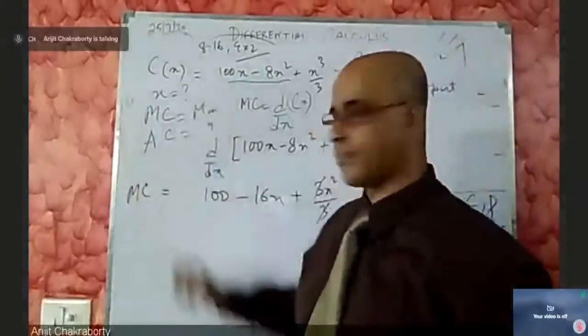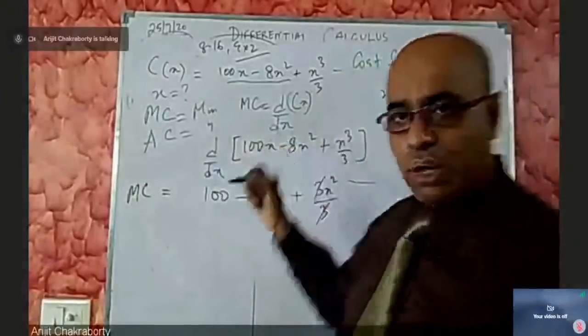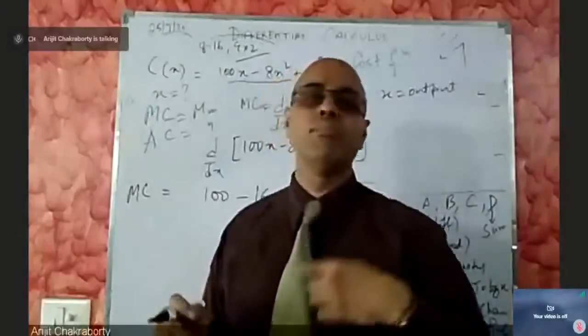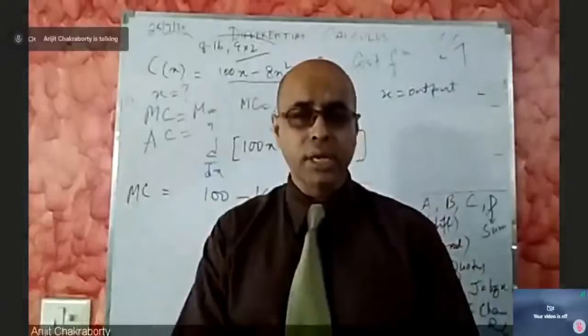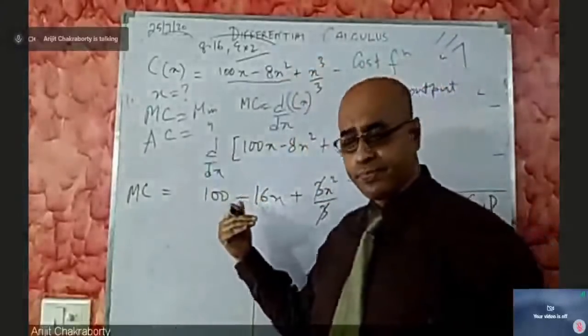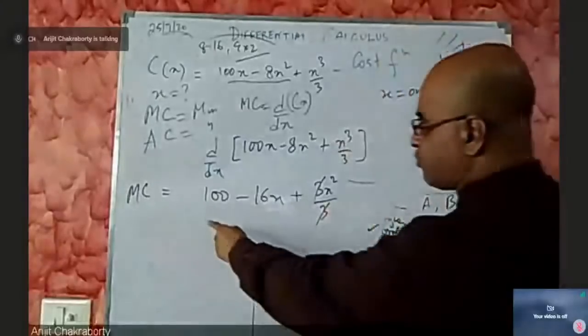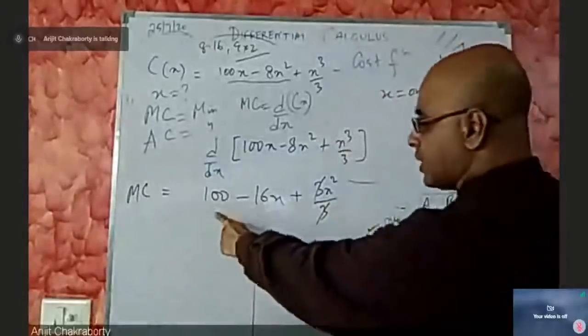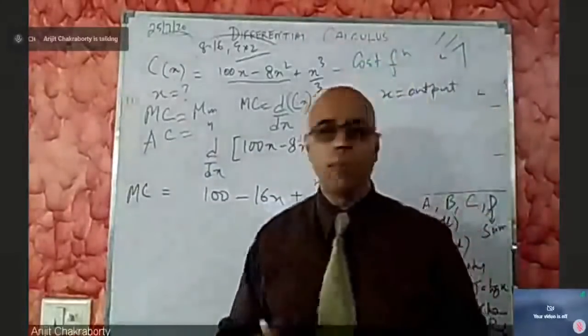MC is this. So once again, we have found the derivative of the total cost to get the marginal cost. You can see the direct application of differential calculus in economics. Now, 100 minus 16x plus x square is the formula for the marginal cost.